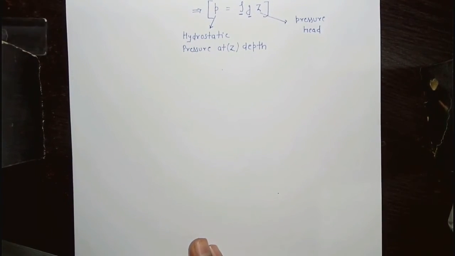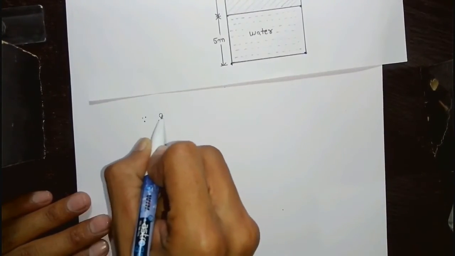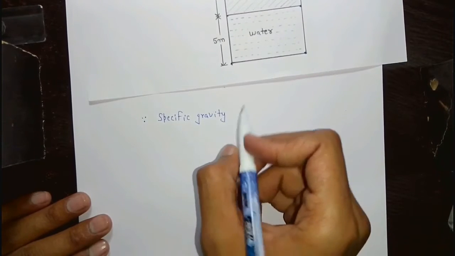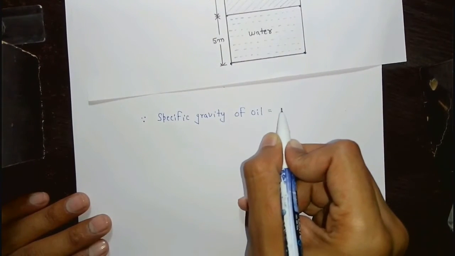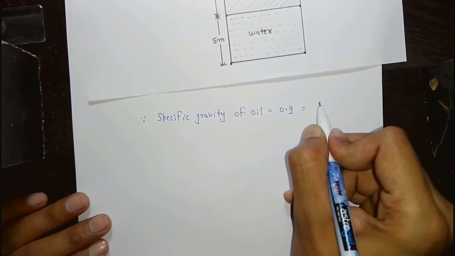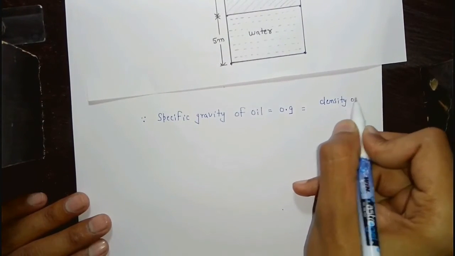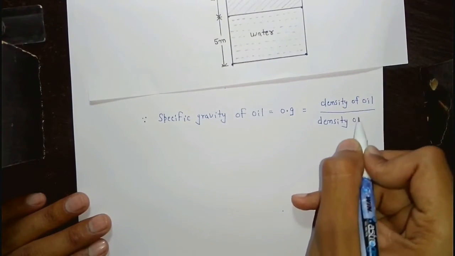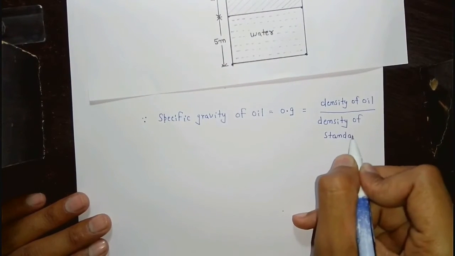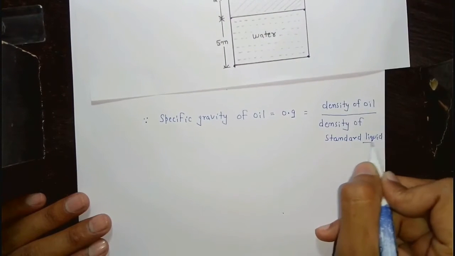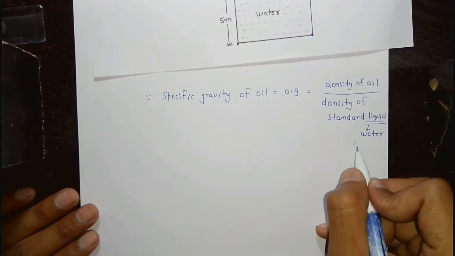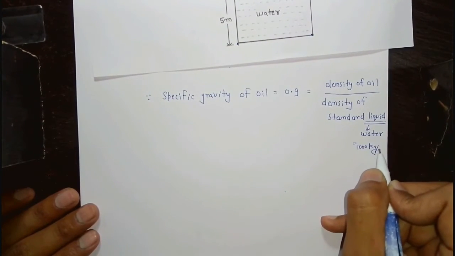Now because the specific gravity of oil is equal to 0.9, and specific gravity is defined as density of oil divided by density of standard liquid, and generally the standard liquid is water and the density of water is 1000 kilograms per meter cube.